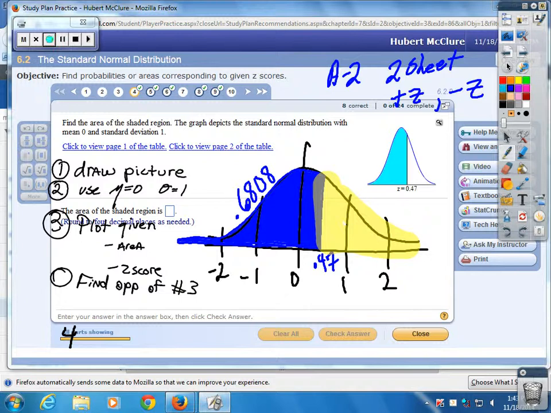If negative infinity is negative 9999, what do y'all think positive infinity is? 9999, okay, or 2,000, or whatever number you want to use. Don't use 20. What did I say? I said try to use a number over what? 1,000.